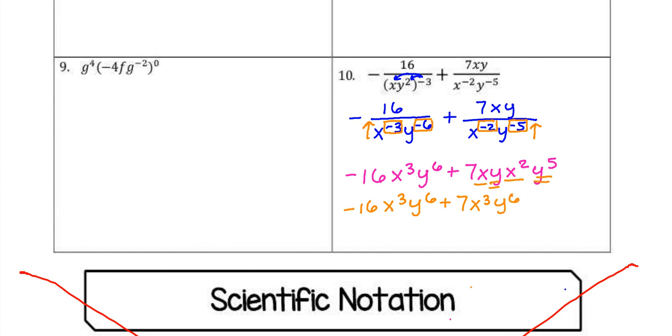Are all of my variables and exponents the same on both terms? Yes, so I can do negative 9 x cubed y to the 6th, because negative 16 plus 7 is negative 9. And you are done.